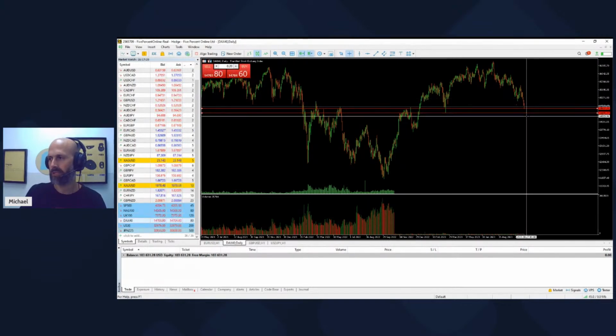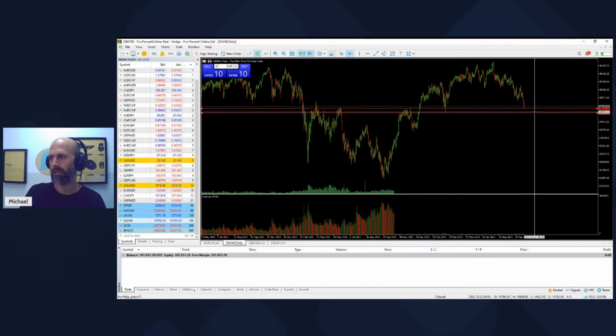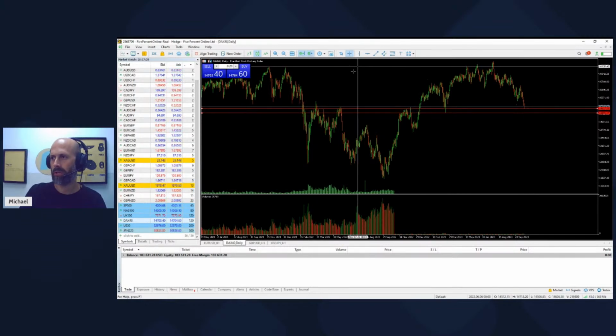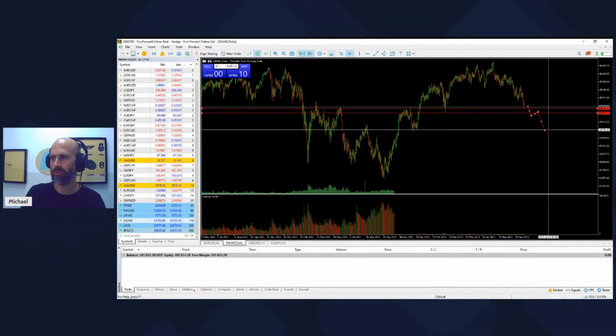The other option is to wait until we break that support and try to look for a small break and retest, and start building your short position that should go all the way to this area right here.